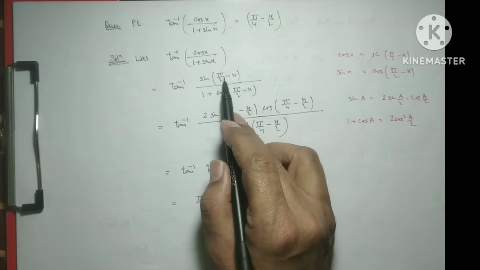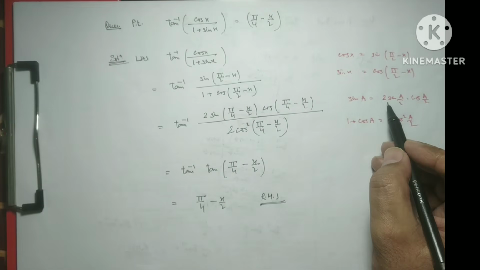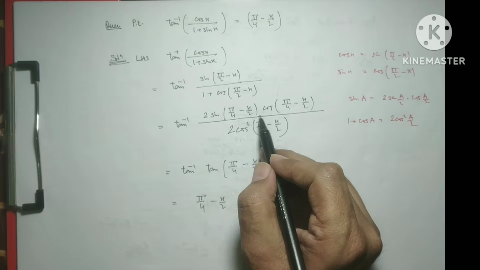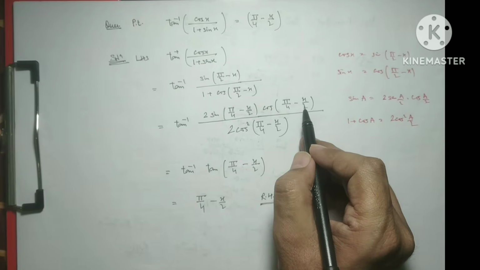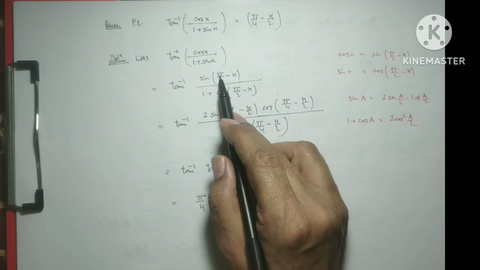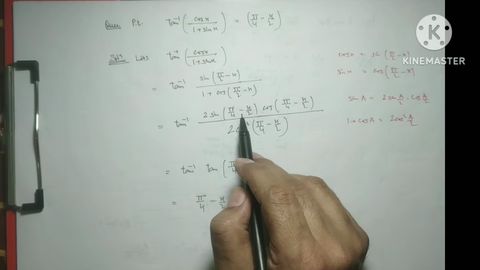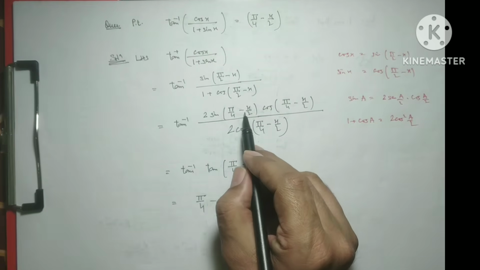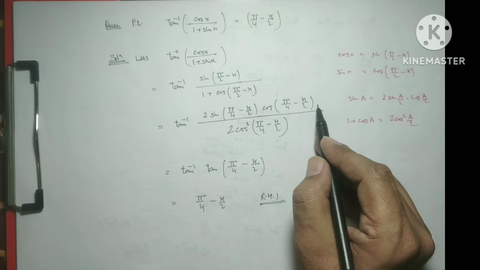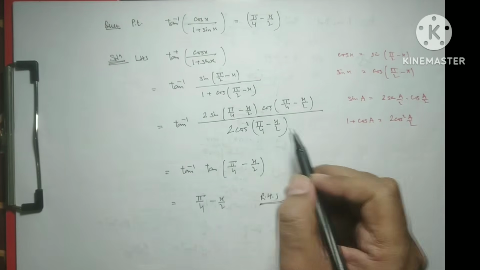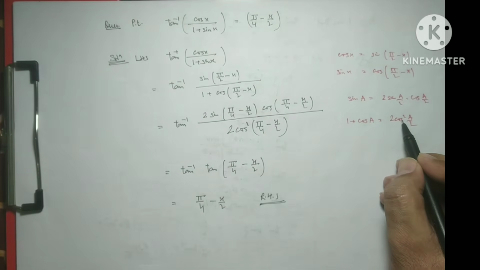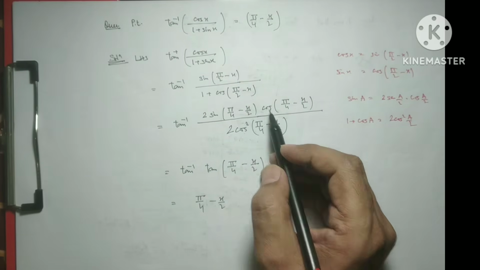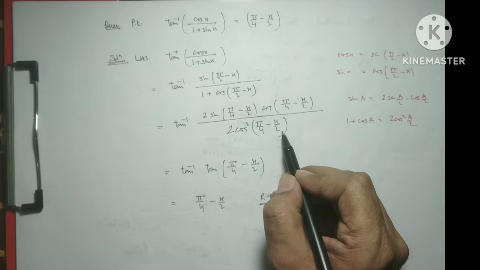Sin A we will place as twice sine of half of this angle into cos of half of this angle. Half of pi by 2 is pi by 4, and half of x is x by 2. It is twice sine of pi by 4 minus x by 2 and cos of pi by 4 minus x by 2. And this is 1 plus cos, and 1 plus cos is 2 cos square of angle by 2, so it is 2 cos square of pi by 4 minus x by 2.